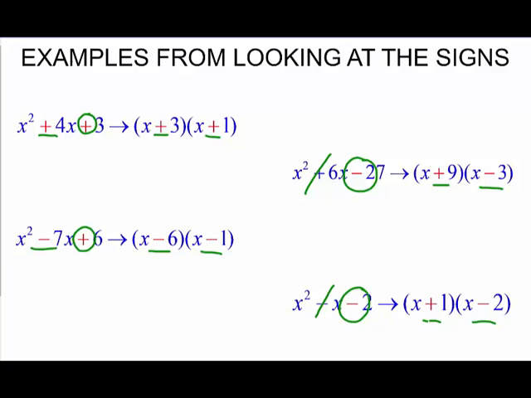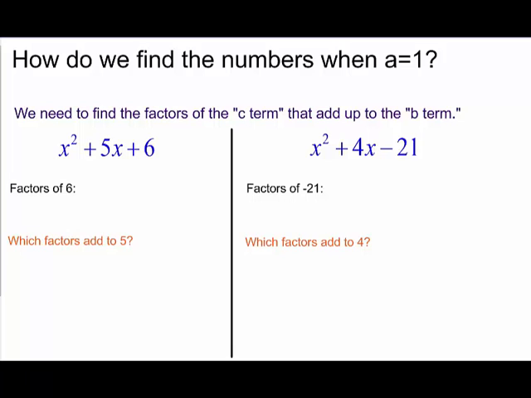So let's go ahead and figure out how we get to the numbers involved here. In order to find the numbers when our a value is 1, meaning that the number in front of my x squared is 1, the first thing I'm going to do is look at my c value, and figure out all the factors of 6.